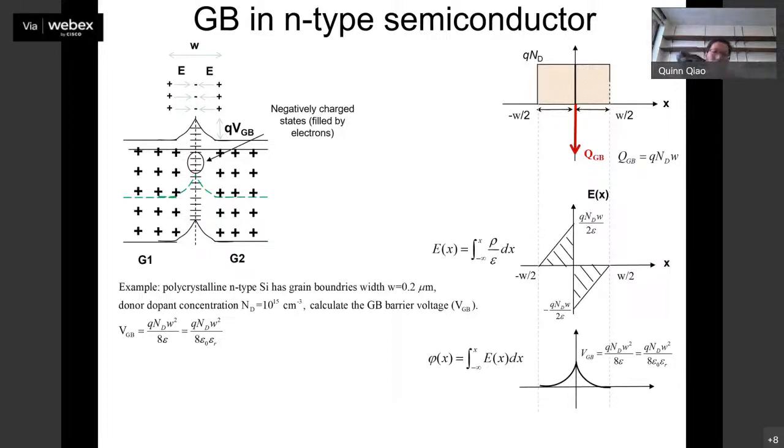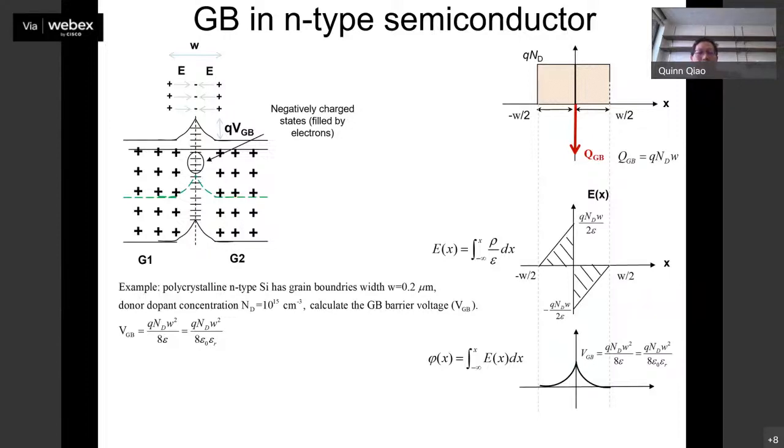In this one, regarding the electric field profile at the grain boundary, we have considered no external disturbance, no external electric field. Right. This one is generated by itself.